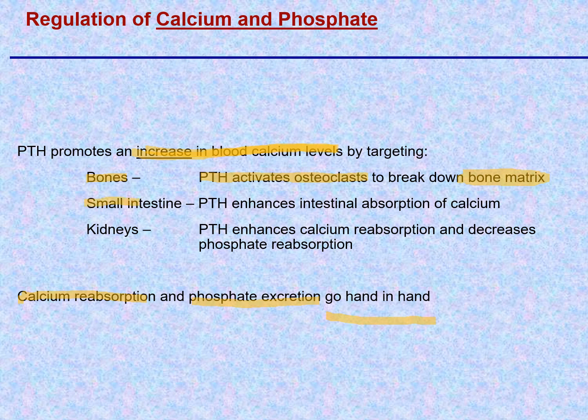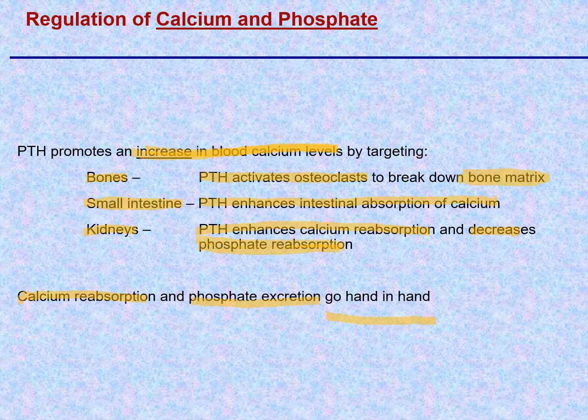It will act on the small intestine to increase intestinal absorption of calcium from food that you eat, and it'll act on the kidneys to enhance calcium reabsorption from the filtrate and decrease phosphate reabsorption. So it does have an effect also on phosphate, but opposite from calcium.